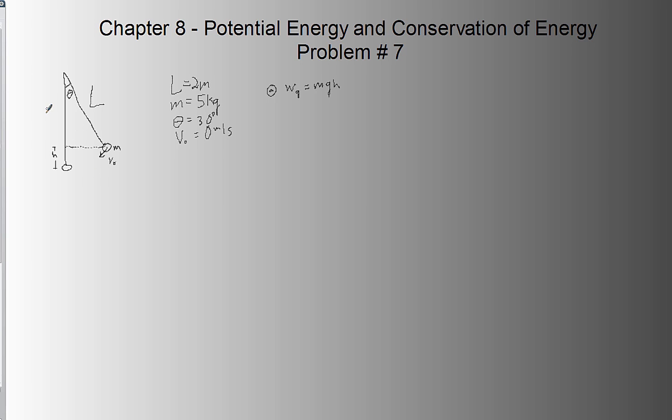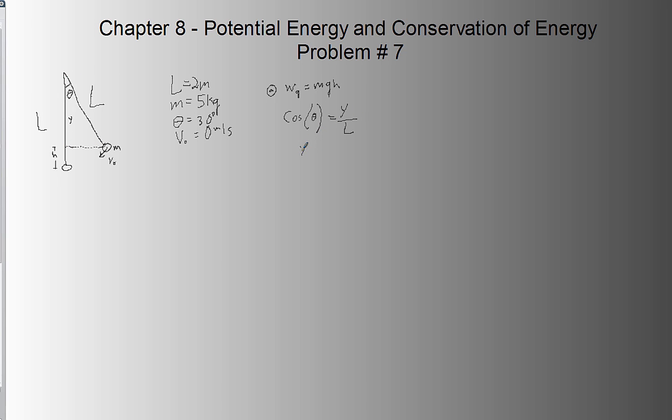In doing so, of course, this whole length is L again, right? Because the length of this pendulum string is L. So we're going to want to split up L here into a Y and an H part. That's one way of doing it anyway. So then we know that cosine of our angle equals adjacent Y over hypotenuse L. That's this triangle here.